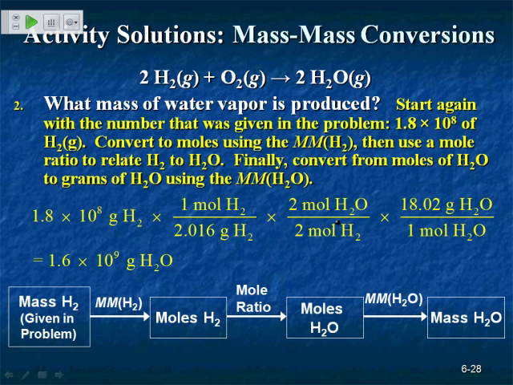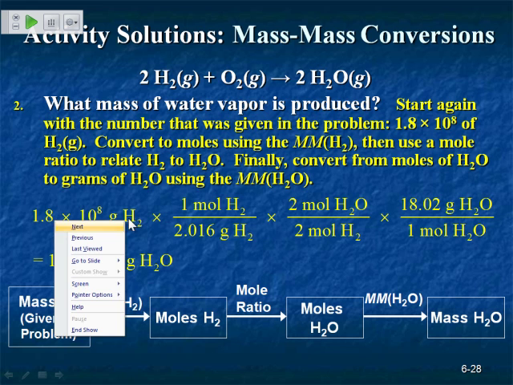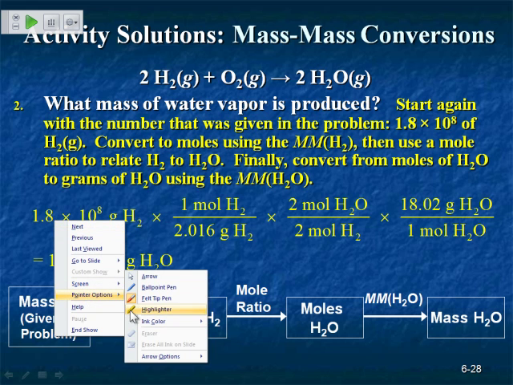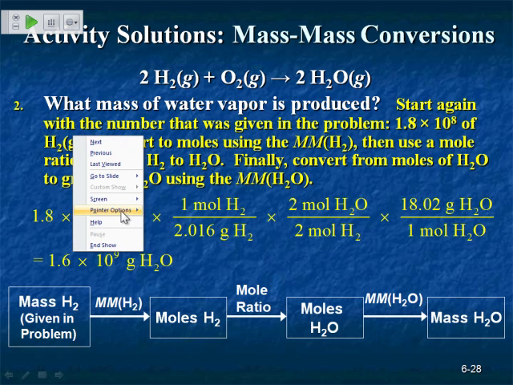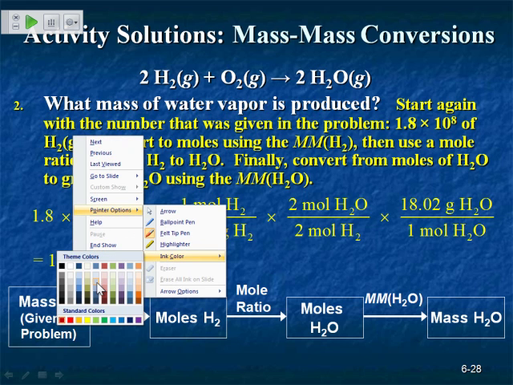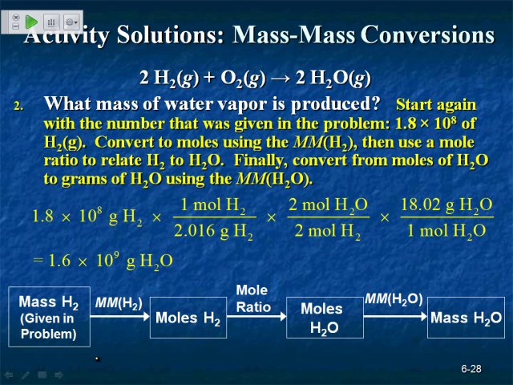Now we have masses of both reactants. We have 1.8 into 10 to the power 8 grams of hydrogen, and what was the mass of oxygen we calculated? 1.4 into 10 to the power 9. Okay, so add up those two numbers. That is 1.8 into 10 to the power 8 plus 1.4 into 10 to the power 9.